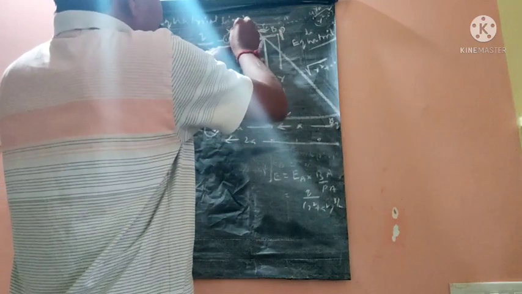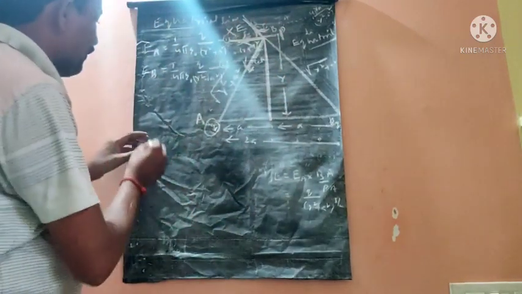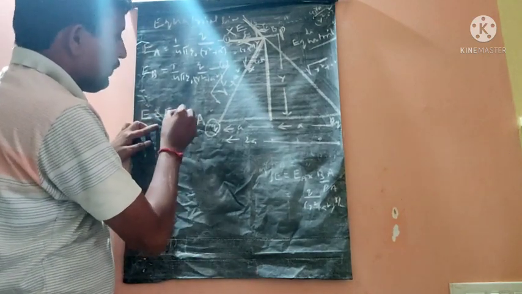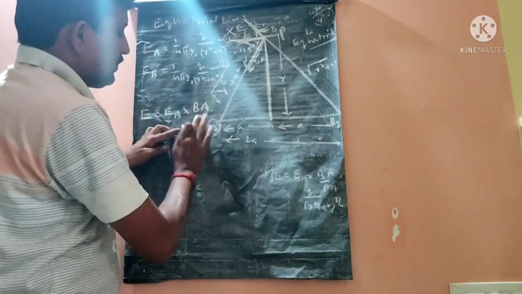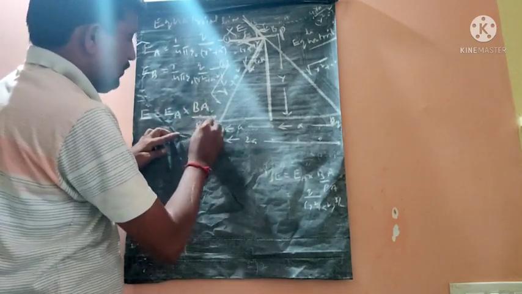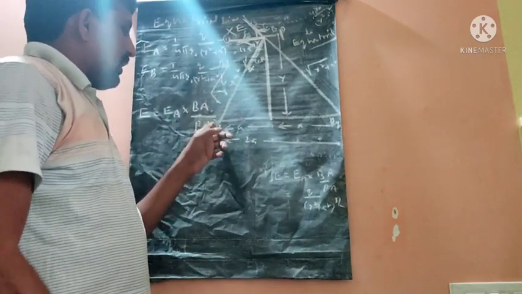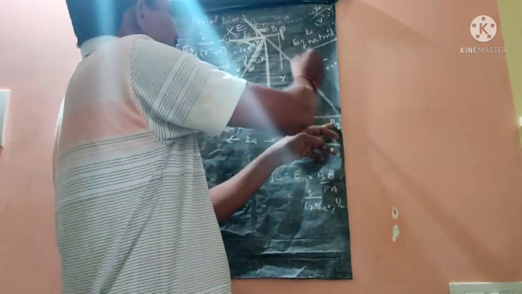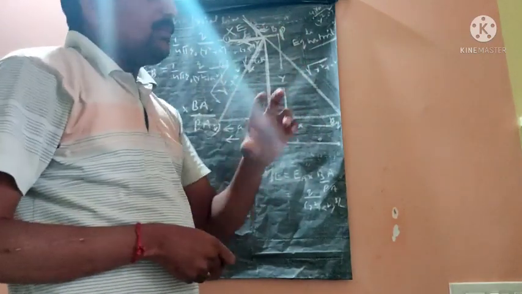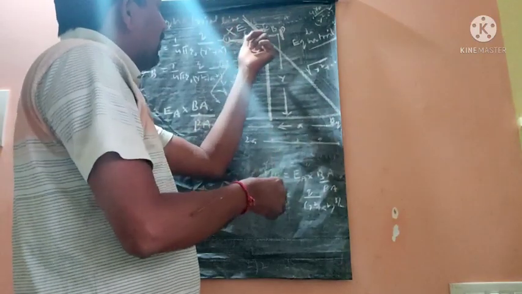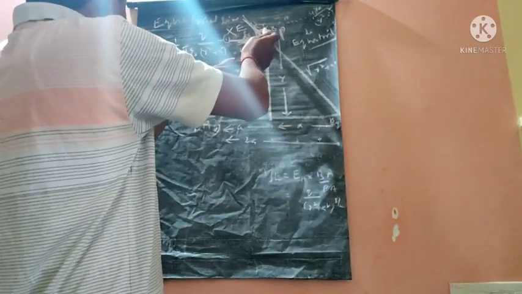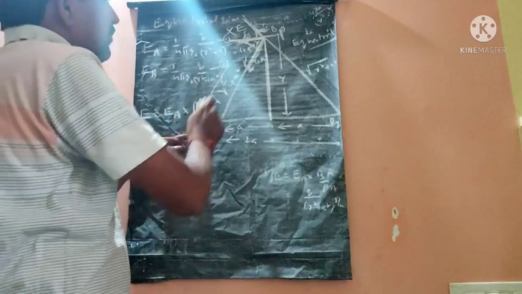So the resultant electric field E is equal to EA into BA by PA, right?